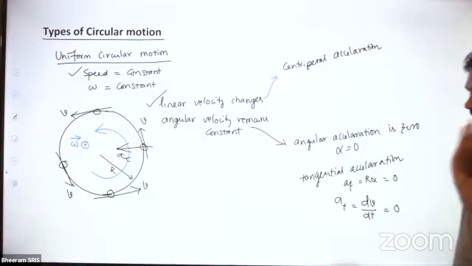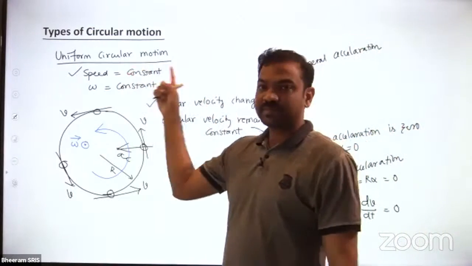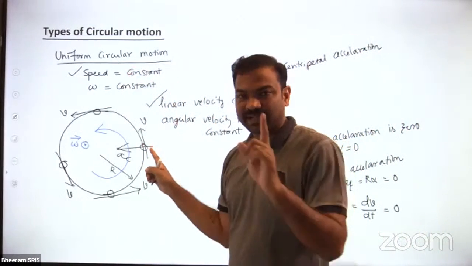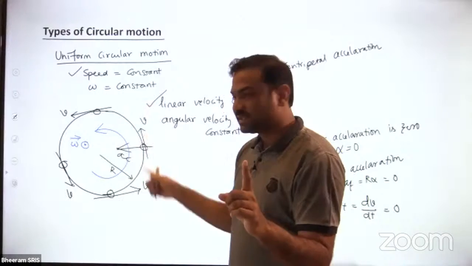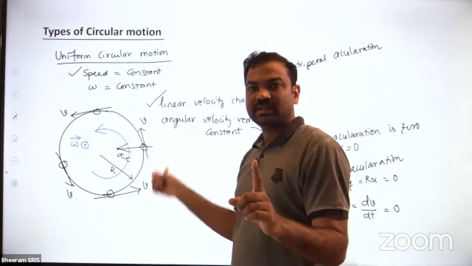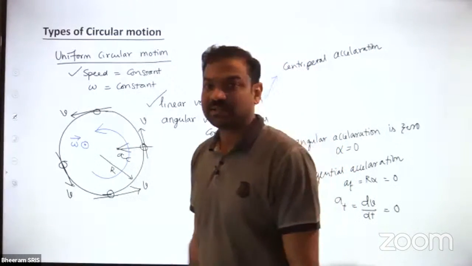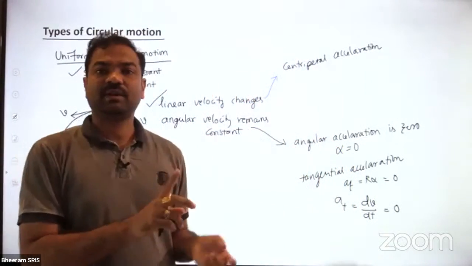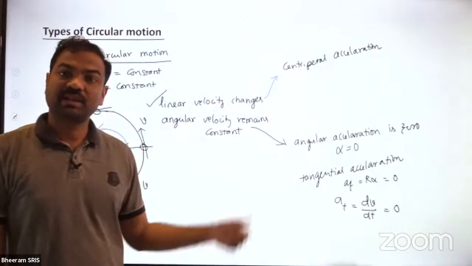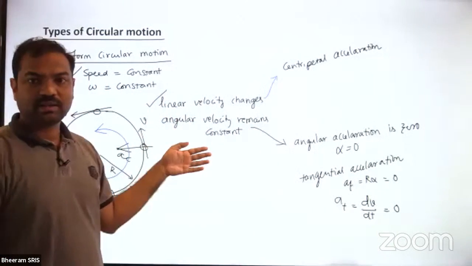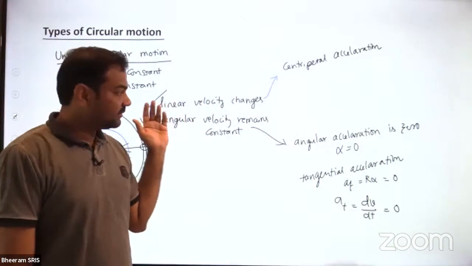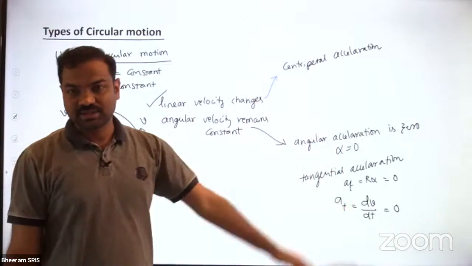So in uniform circular motion, the particle will have only one acceleration. There won't be any other acceleration along the tangent. Whenever there is no acceleration along the tangent, only then we call it uniform circular motion. Then speed remains constant, angular velocity omega remains constant, and angular acceleration is 0.